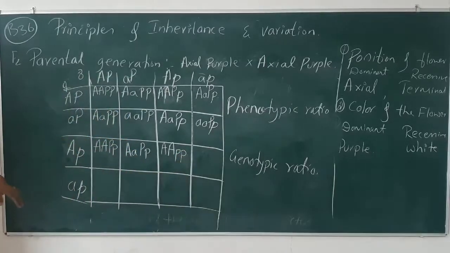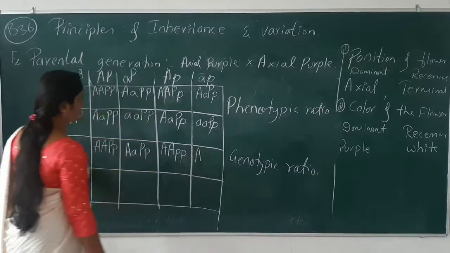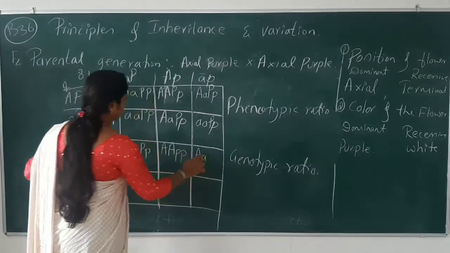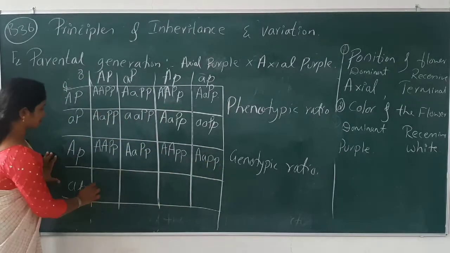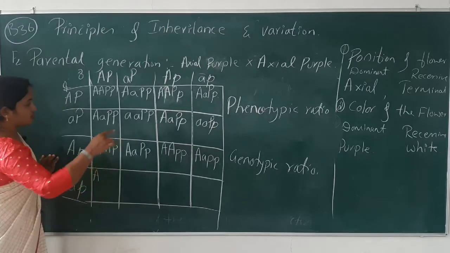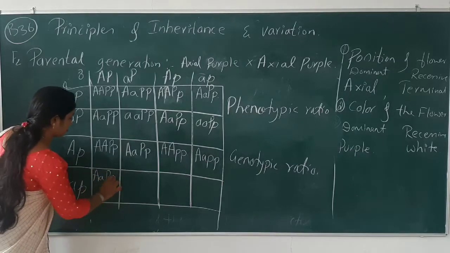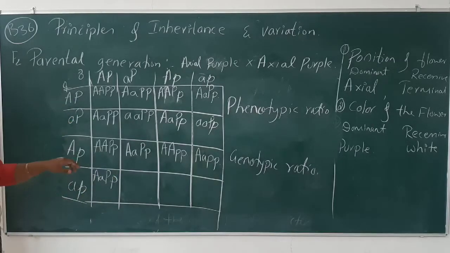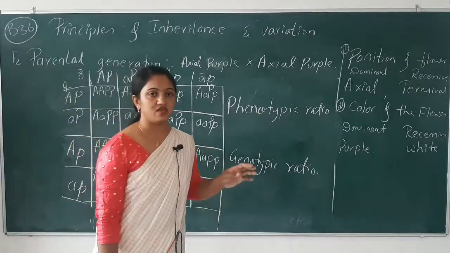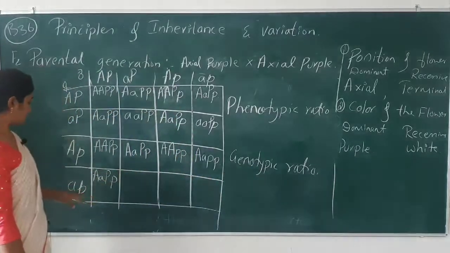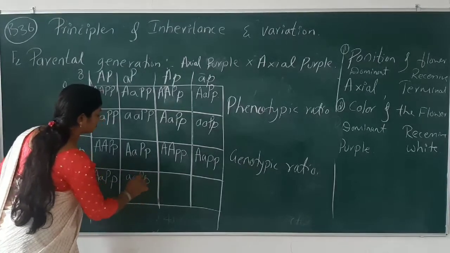Though we completed this yesterday itself, that is why I am writing, but you have to write yourself, do not copy the same. And at last you can check or compare the offspring, and you have to compare the ratio also, so that it will become thorough, because this will be for 5 marks. Okay, in inheritance of 2 genes or inheritance of 1 gene, they will ask for 5 marks. It is an easy concept, do not lose your marks.